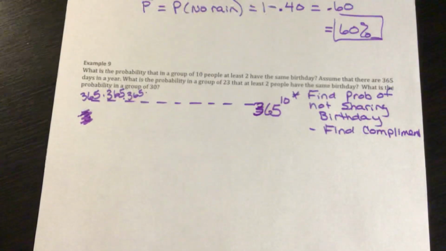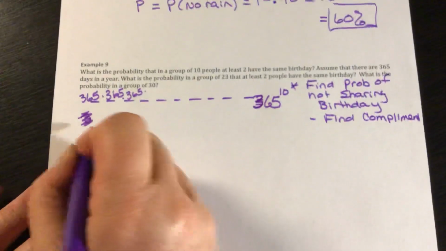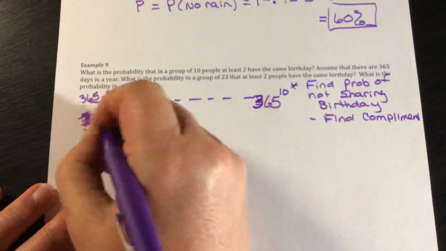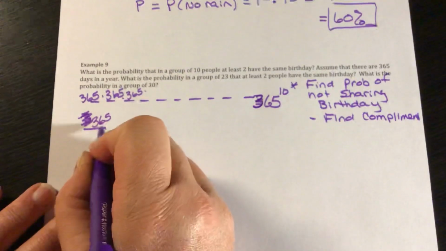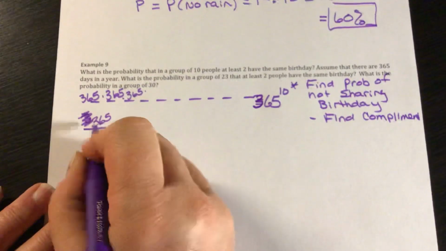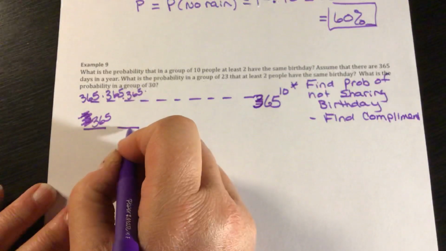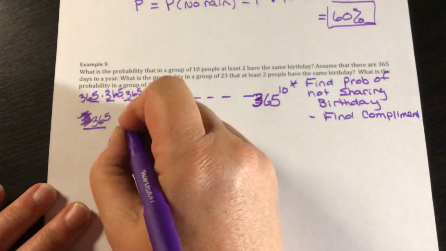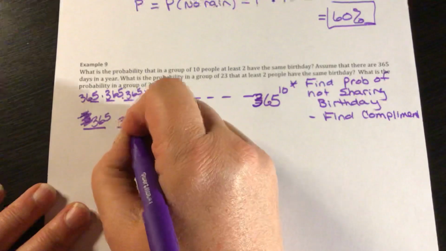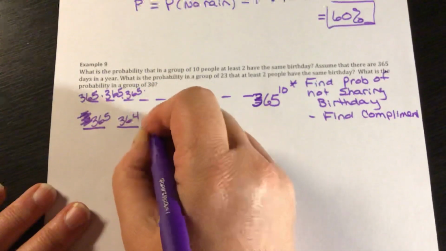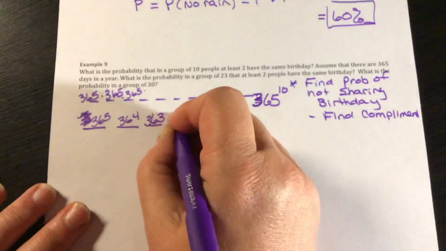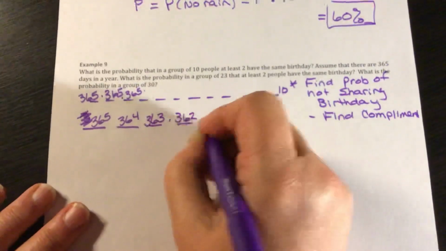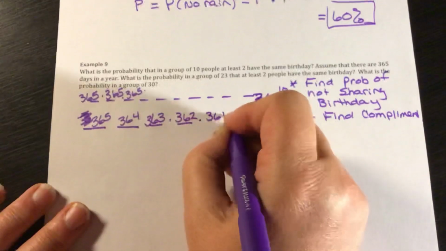But if we want them all to be different, the first person would be 365. If they have a birthday on March 10th, then the next person only has 364 days to be different. And then 363, and then 362, and then 361.